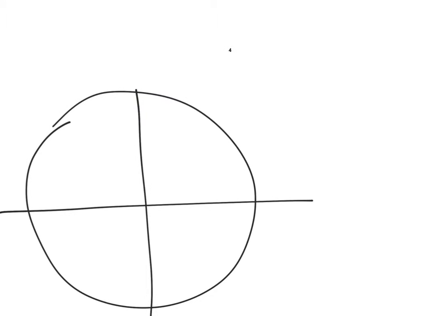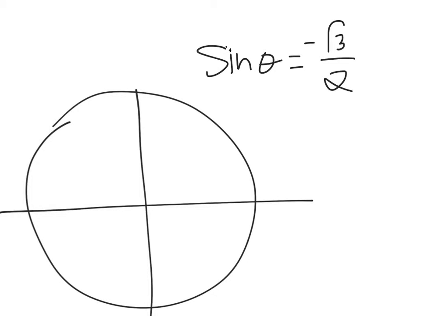For example, sine of some angle I don't know is equal to negative root 3 over 2. It tests you, first of all, do you even know what they're asking? What are they asking? They want an angle. Good. Second of all, they're testing if you know that there's actually 2 places where sine is negative and therefore 2 angles.